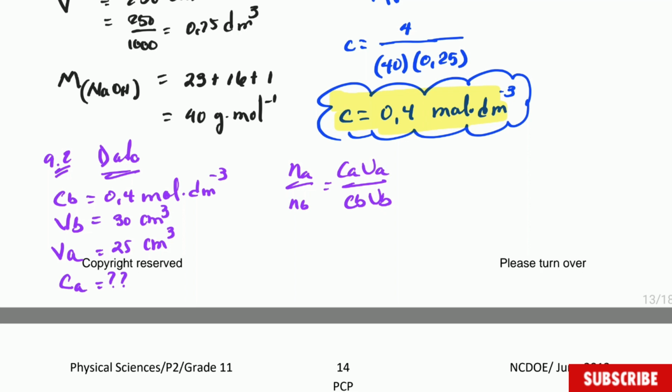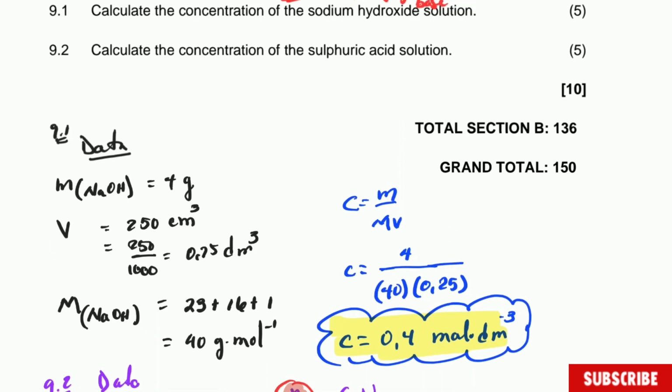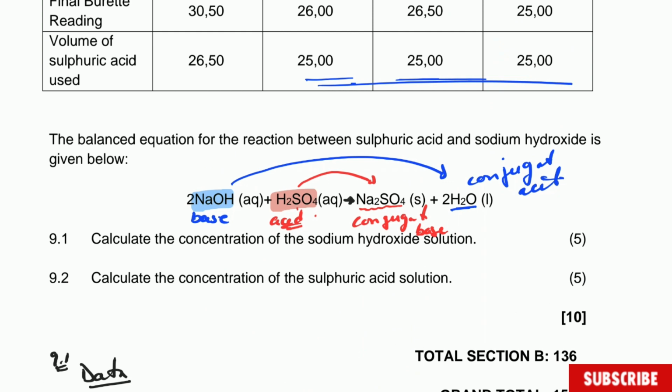Now, important, just to start substituting, this Na and Nb are the ratios. They are the ratios, and the ratios are in the equation. The ratios are 2 for the base, 1 for the hydrogen sulfate or sulfuric acid.